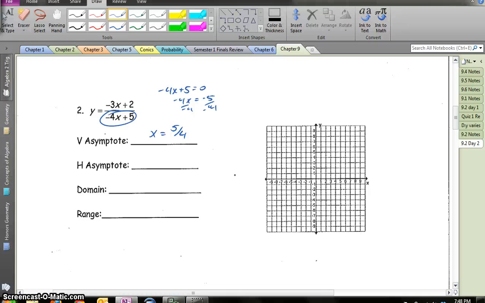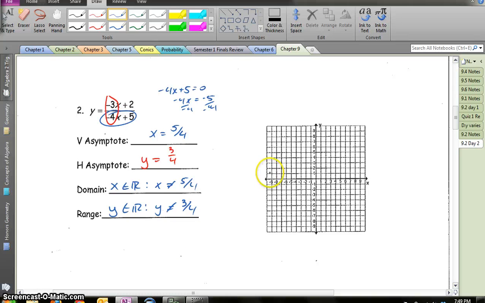Now, my horizontal asymptote, remember, is your x coefficients. So -3 over -4 is going to give me 3/4. So my domain is all real numbers except x cannot be 5/4. And my range is all real numbers except y cannot be 3/4.